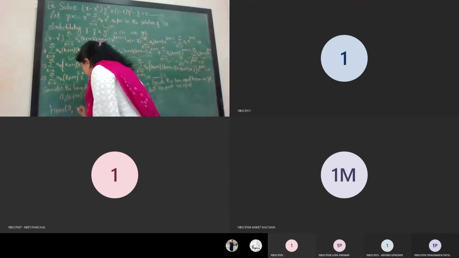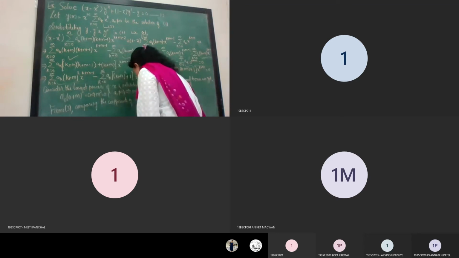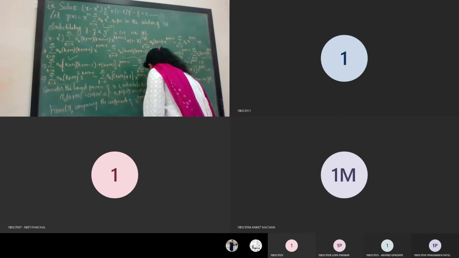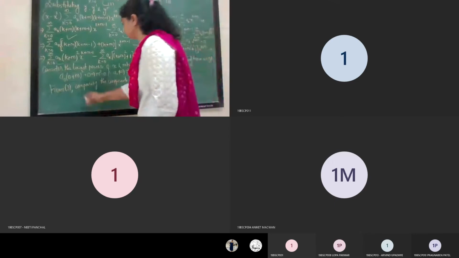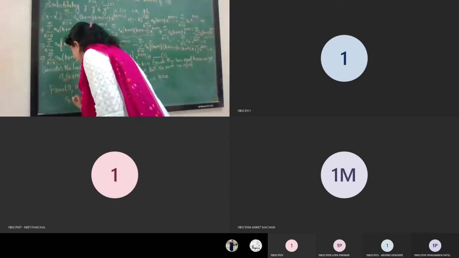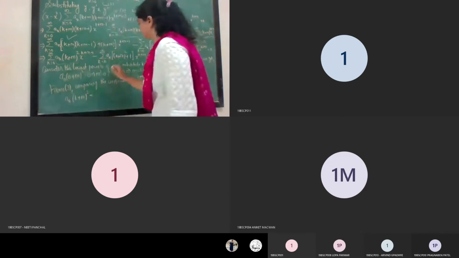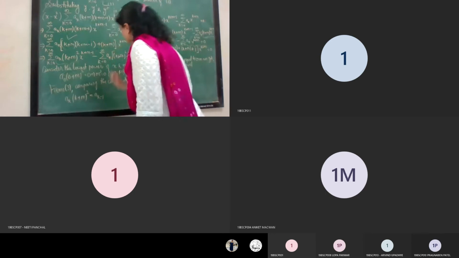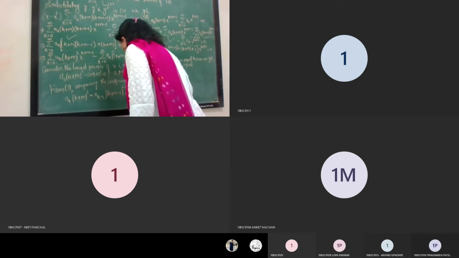So from 3, comparing the coefficients of x raised to k plus m minus 1, we have ak times k plus m whole square is equal to ak minus 1 times k plus m minus 1 whole square plus 1.